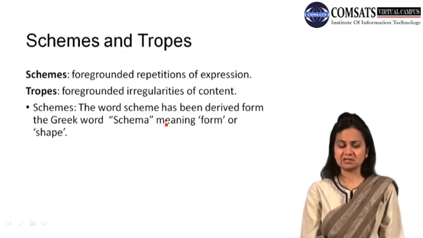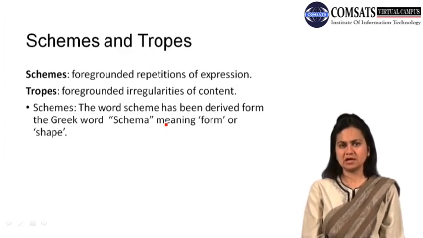So any such devices which create regularity on the basis of the repetition of the sound or word are referred to as foregroundings in terms of schemes. So schemes are the foregrounded repetitions of expression, and tropes are the foregrounded irregularities. These are both opposite of each other.